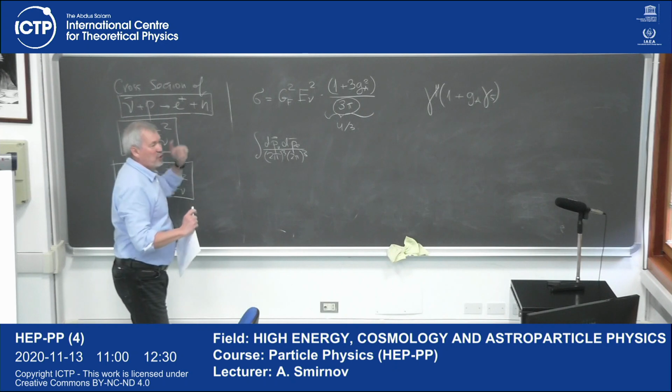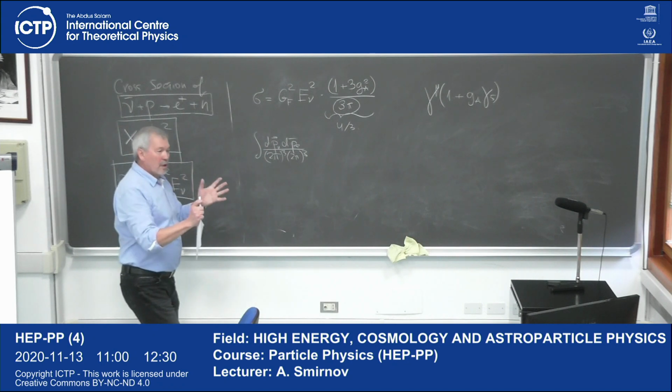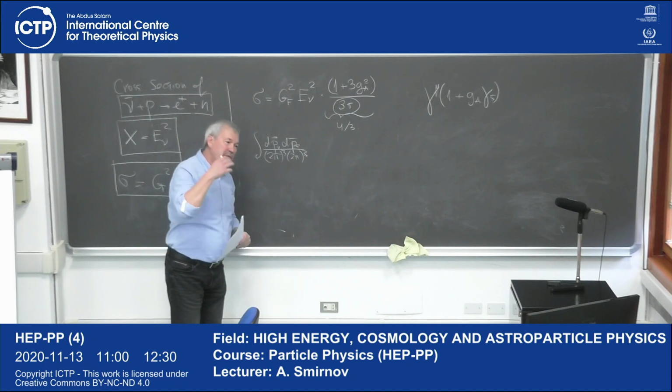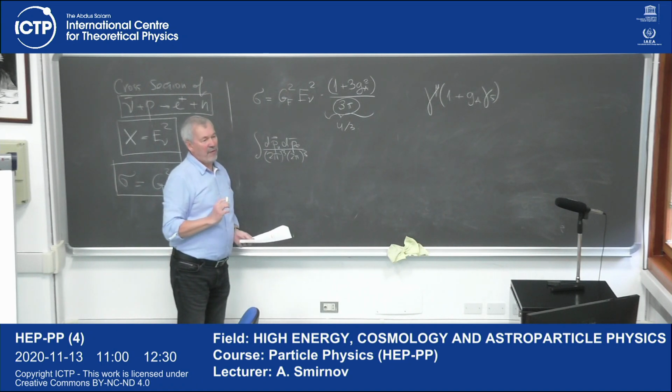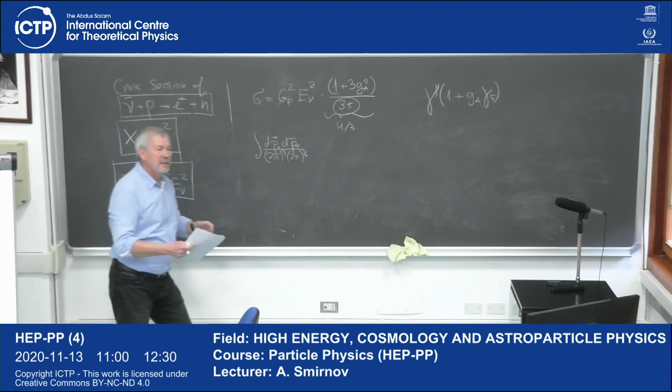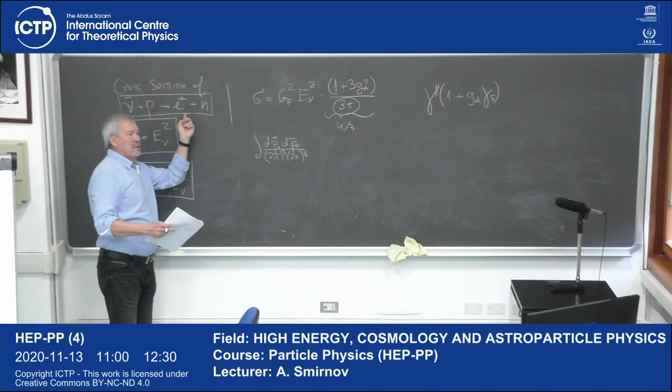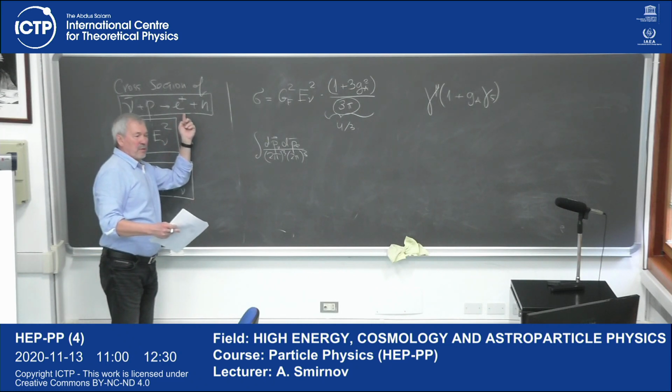You may have different sharing of the energy of the initial state between these two particles. And here we are considering the total cross-section, which means that we need to integrate over final variables, final energies and momenta. Of course, we can also consider differential cross-sections and see the distribution over energies of these positrons.